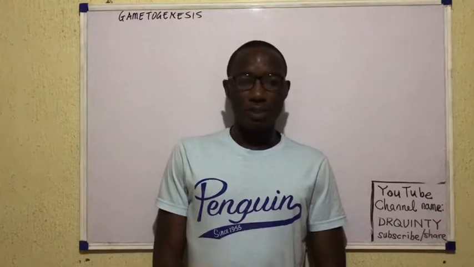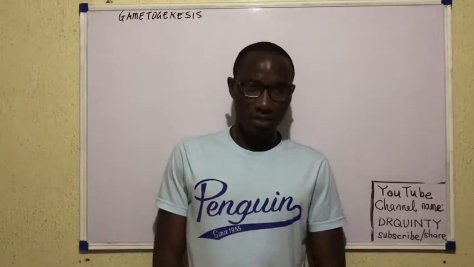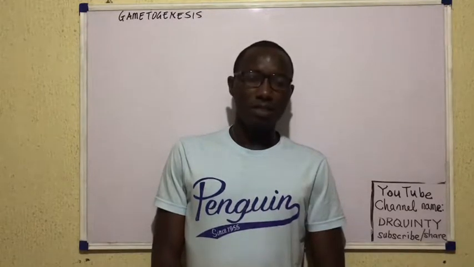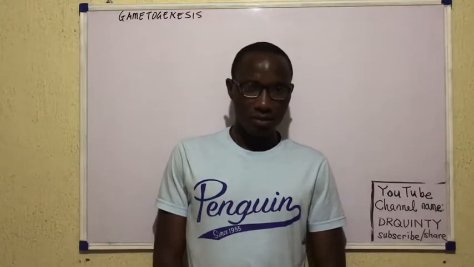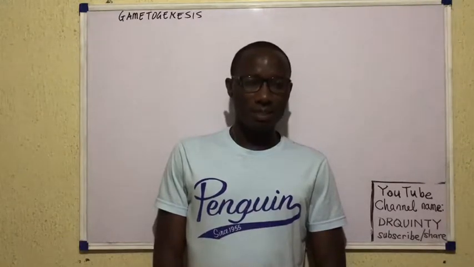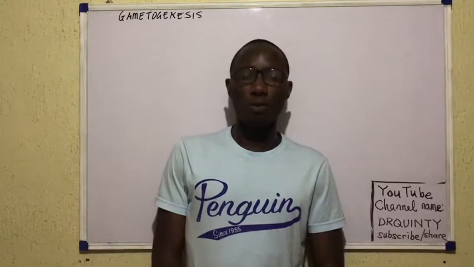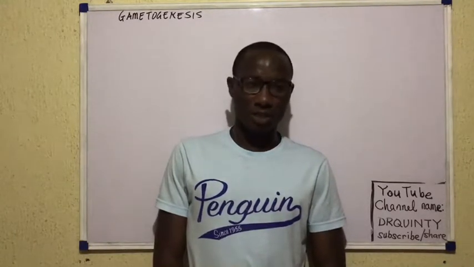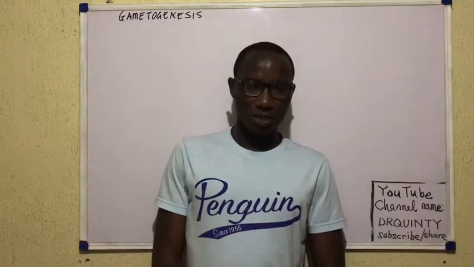In the first part, I'll look at the stages or steps of spermatogenesis. In the second part, I'll describe the structure of the product of spermatogenesis. And then in the last part of this video, I'll talk about how hormones are involved in the process of spermatogenesis. So let's begin with the steps of spermatogenesis.